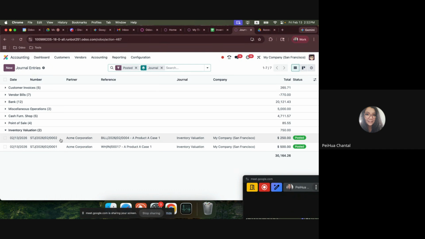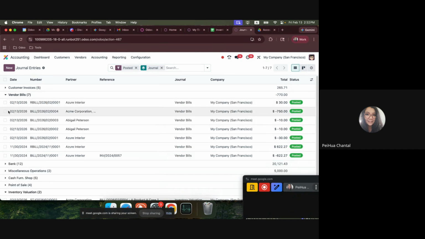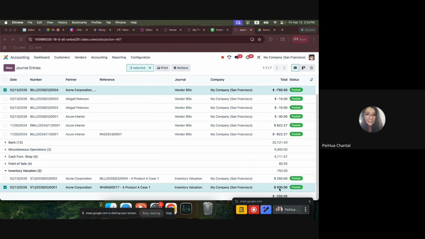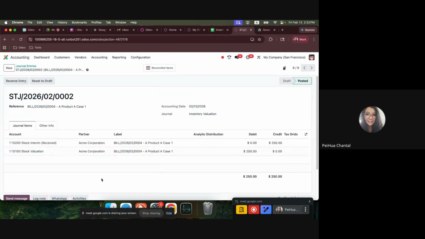Right. So take a look at these three things. These 500 was originally created by Odoo when you received it, and you created a bill for 750. But Odoo automatically creates this entry for you, which is a bill adjustment, to adjust the 250 to balance to zero.